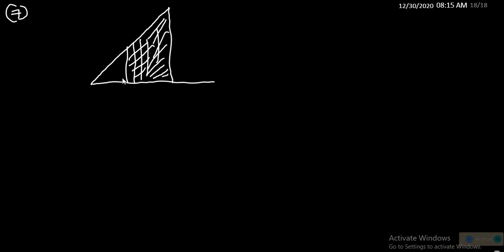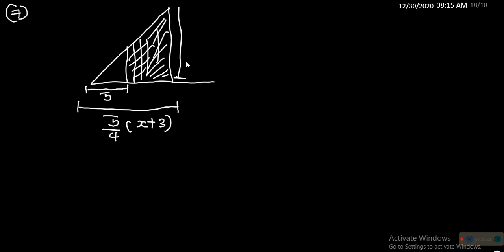The length of this place is 5, and the length of the whole triangle base is 5/4 into (x plus 3). The length of this side is x plus 3 as well, and the length of this place is 4. So we have AB and A small.